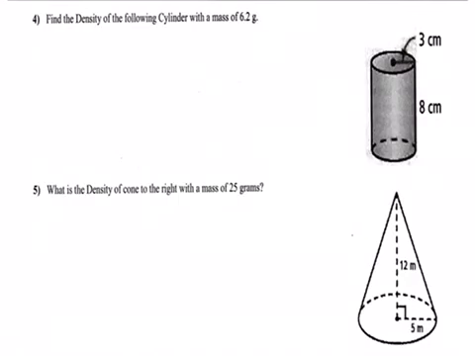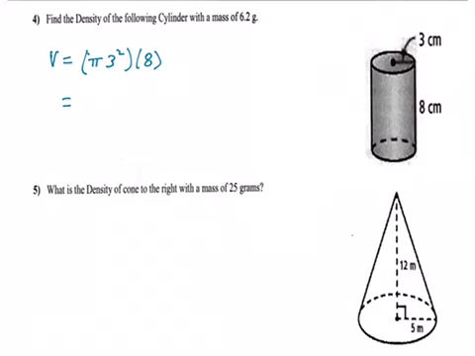Find the density of the following cylinder with a mass of 6.2 grams. Remember, to find the volume of a cylinder, its base area, which in this case for a circle is pi times radius squared, so 3 squared, times the height of the cylinder, which is 8.